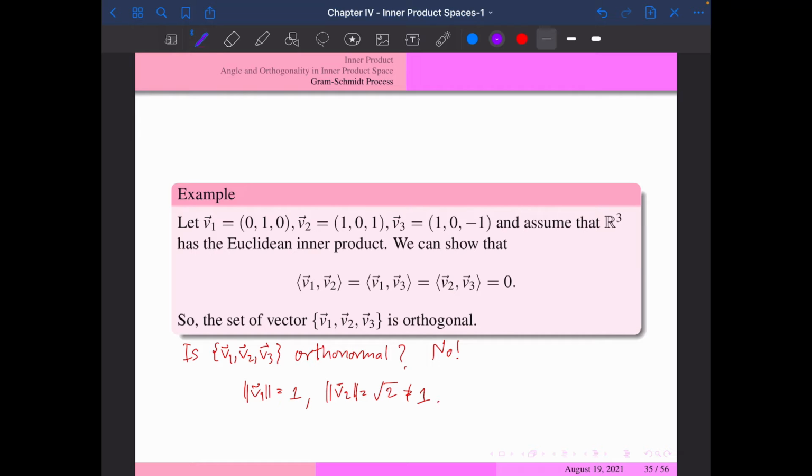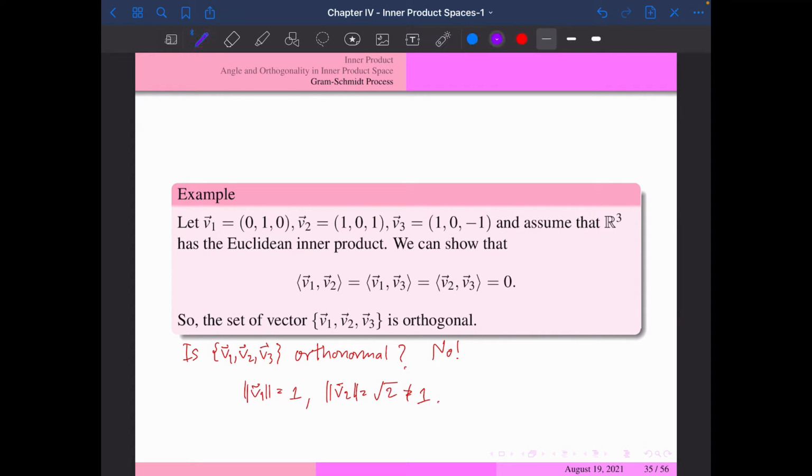What does it mean, normalize? Normalize means you make that vector a unit vector. So we divide that vector by the norm of that vector.